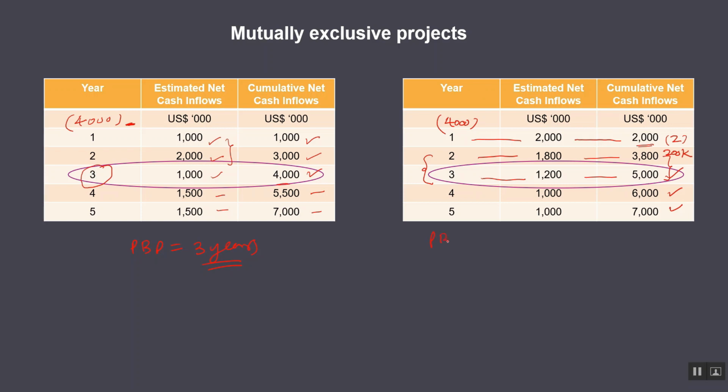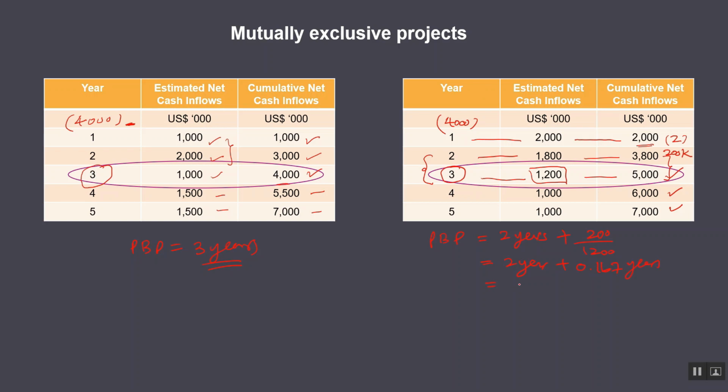This payback period will be 2 years plus some months from the third year. Third year estimated cash earning was 1.2 million. So out of 1.2 million, this 200,000 has to be recovered. So 200,000 divided by 1.2 million, that will be 2 years plus 0.167 years.